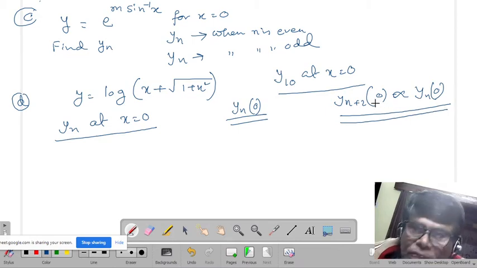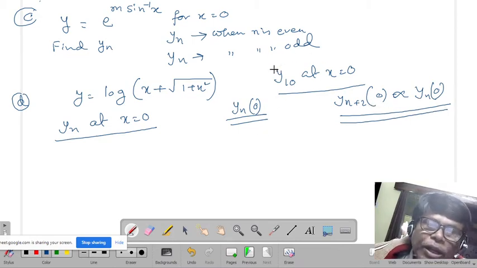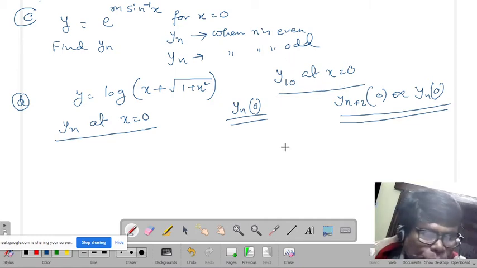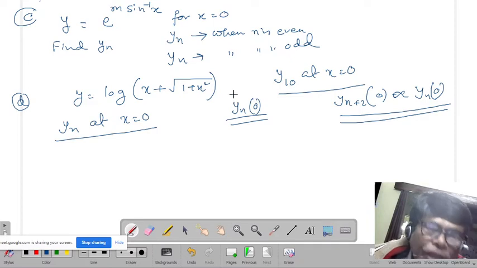So find out that relation, and from that you find out y10. In general, when n is even you will get some answers, and when n is odd you will get some answers. From these relations you have to find out yn at 0.